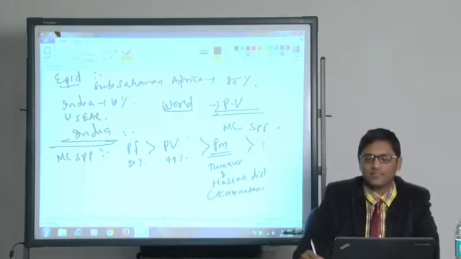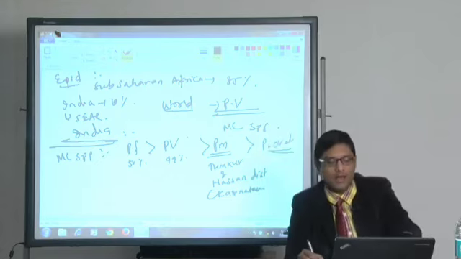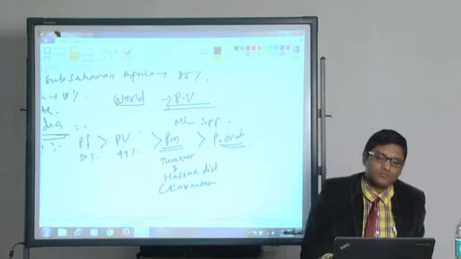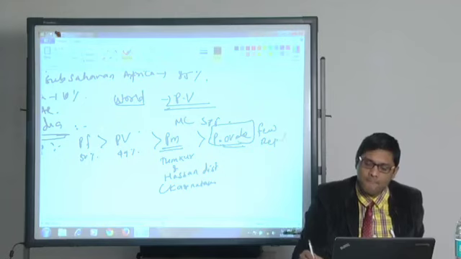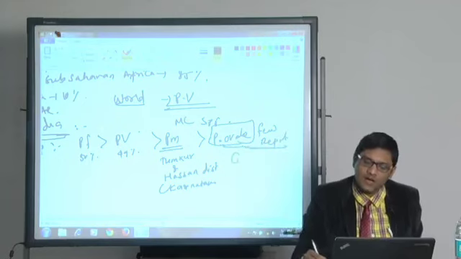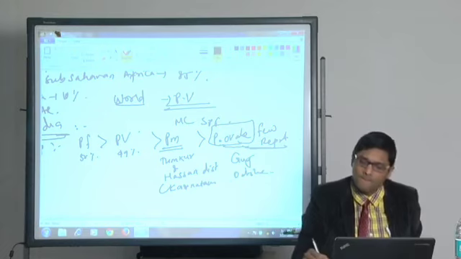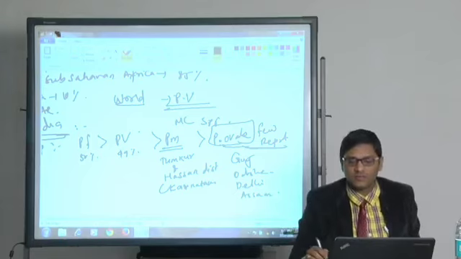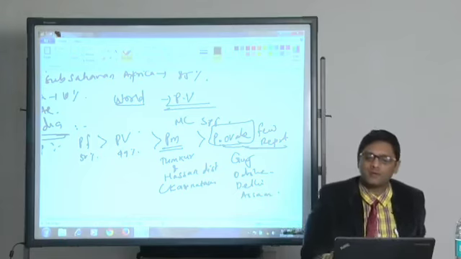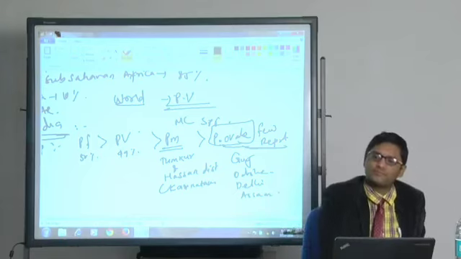And the rarest is Plasmodium ovale, for which very few reports are there in India. Those places are Gujarat, Odisha, Delhi, Assam.